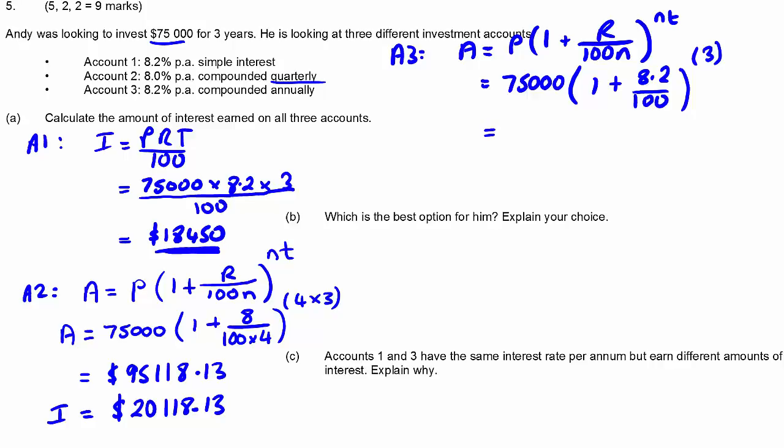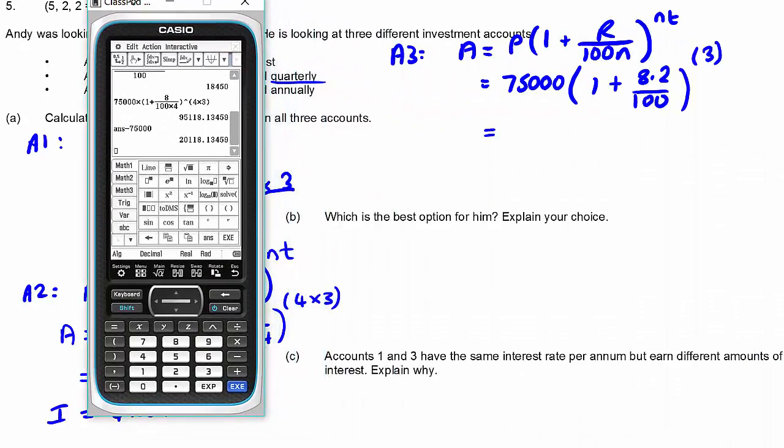So we can calculate that one. Let's just bring the calculator in. So we've got 75,000 multiplied by 1 add 8.2 over 100.